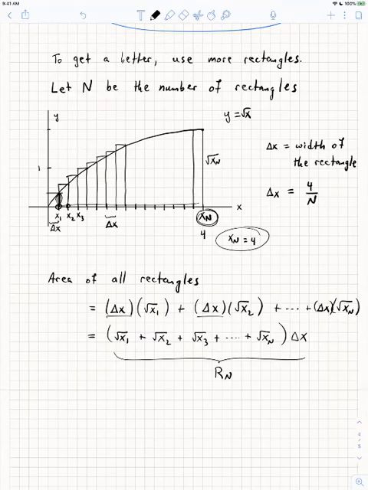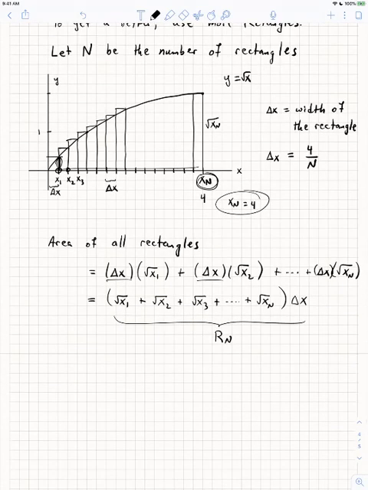You can also do the same thing with the left sums. So L sub n is going to be, well, if I start on the left, I'm going to start here at 0. Let's call that one x sub 0. So now it's going to be delta x times the square root of x0 plus delta x times the square root of x1, and so on.